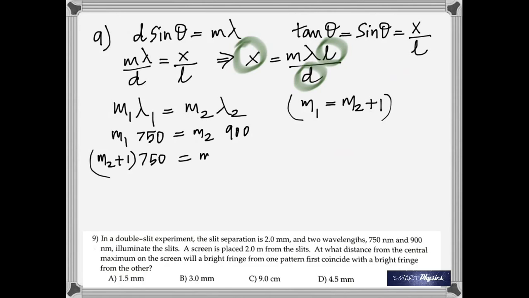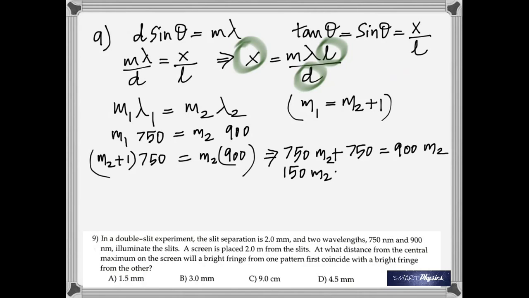Bright fringe from one pattern first coincide with a bright fringe from the other. We know that it cannot be the same ones. Why? Because one wavelength is 750, the other is 900, and if you look at the product, you understand that it's going to be the next one from the 750 that's going to coincide with the one from 900, okay?